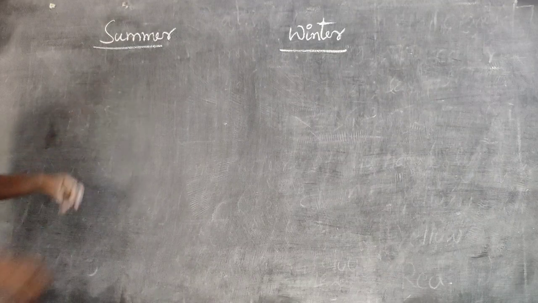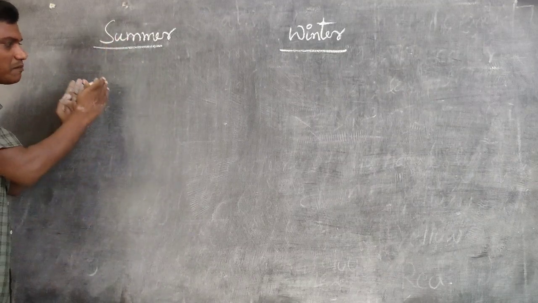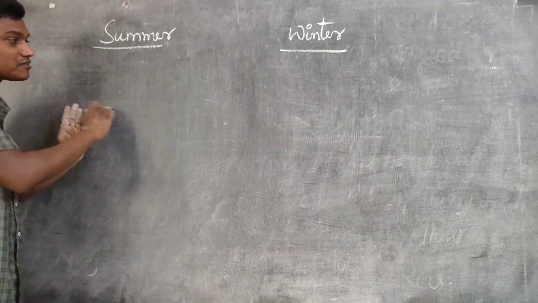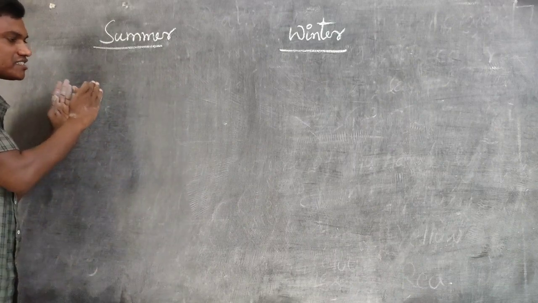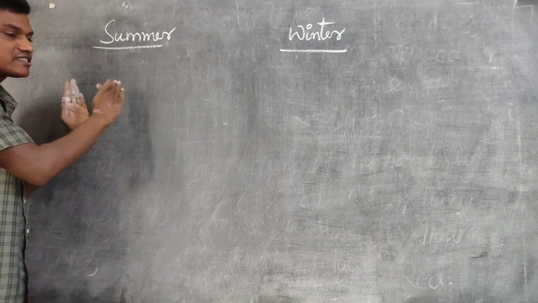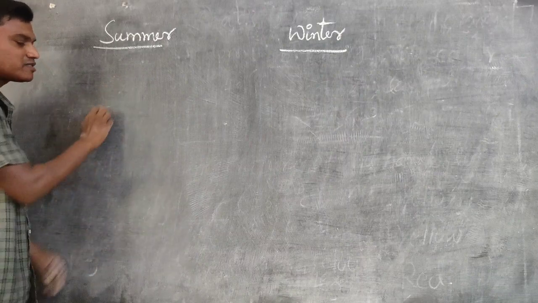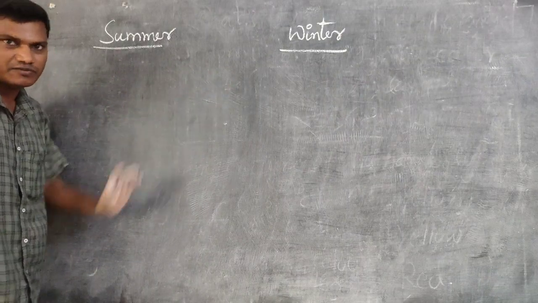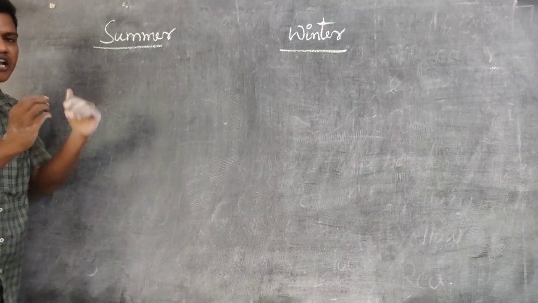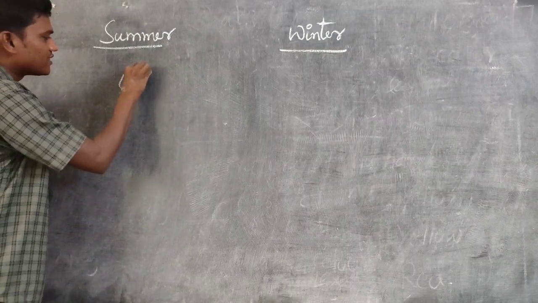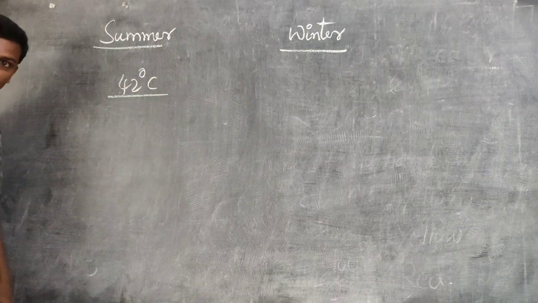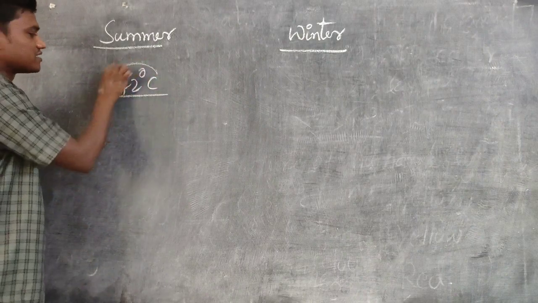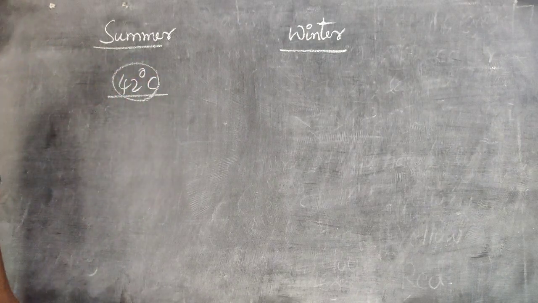We know that during the summer season, the temperature of the atmosphere varies. It does not stay at the same temperature every day. Sometimes it is 40 degrees, sometimes 41, 42, 43. But for your understanding, we just consider the average temperature of the atmosphere during the summer season to be 42 degrees Celsius.